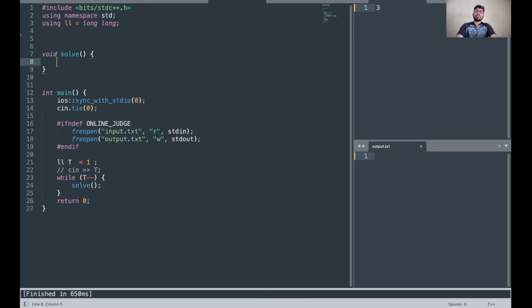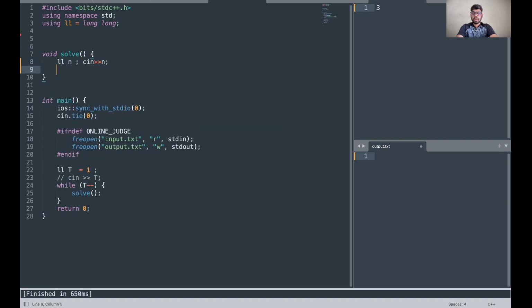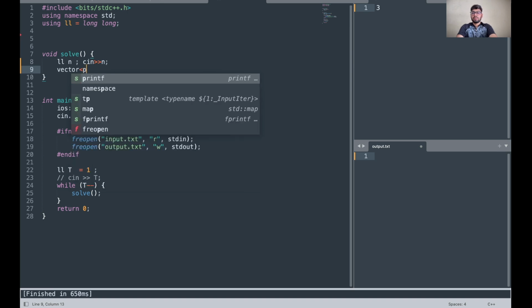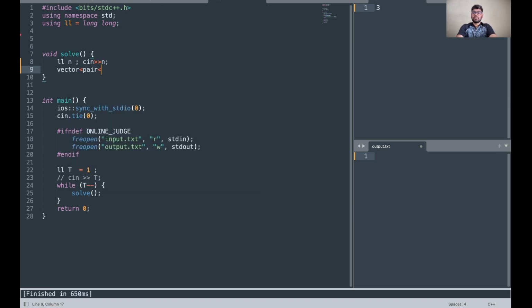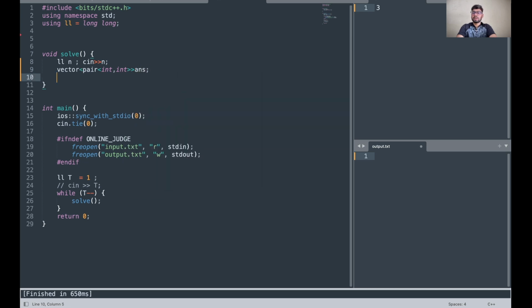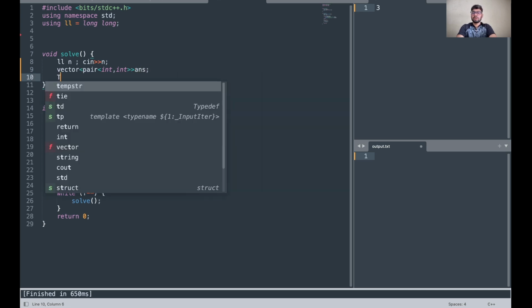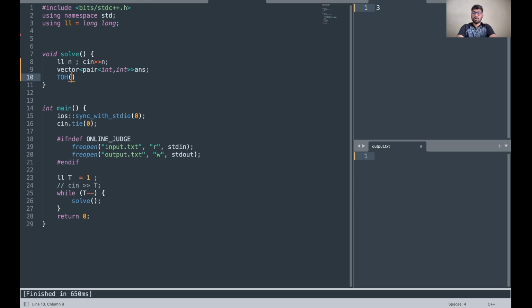Now coming to the code part, the code part is pretty easy if you understand the concept. So first of all I am initializing n and taking the input of n, and after that I initialize a vector of pair for storing my path, and then I call the TOH function for 1, 2, 3 and n and my answer vector.